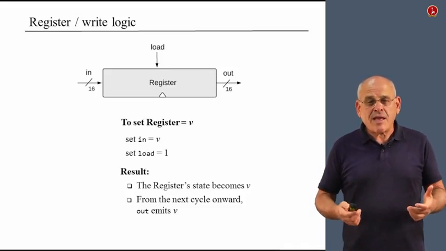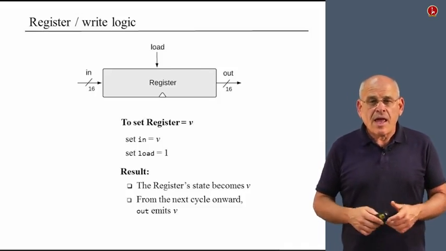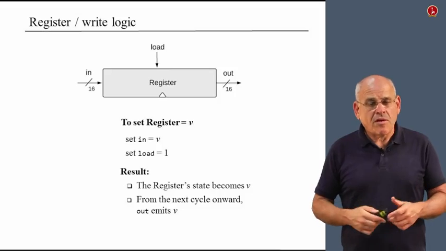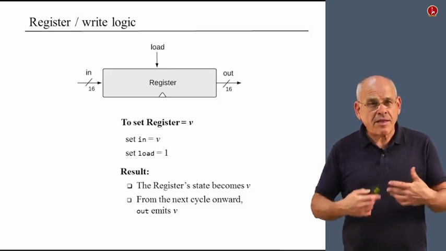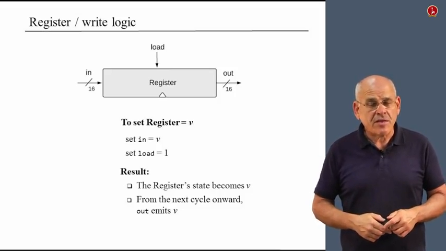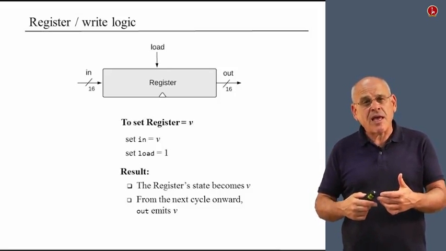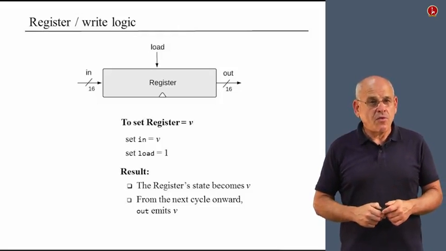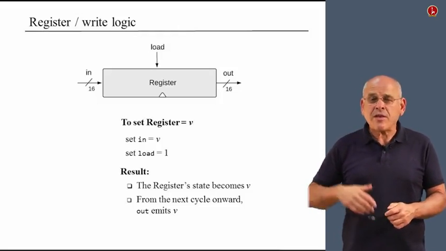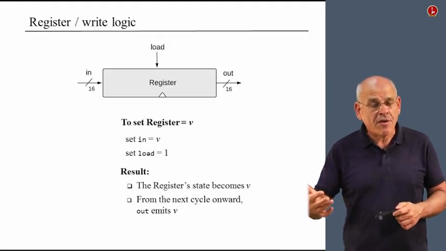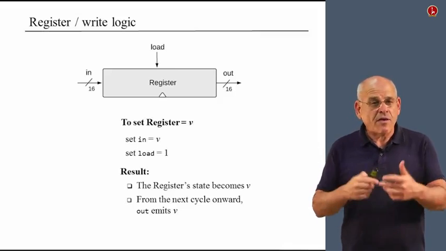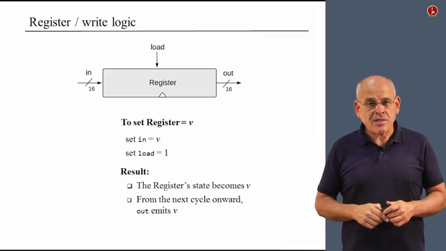The register state becomes V, and from the next cycle onward, the output of the register will also start emitting this value V. So from the next cycle onward, the register will effectively store the new value 17. And it will keep on storing this value forever until we decide to change this value in the very same manner that I just described.